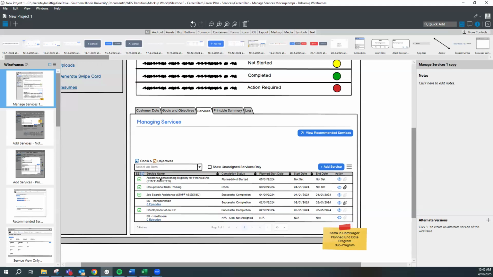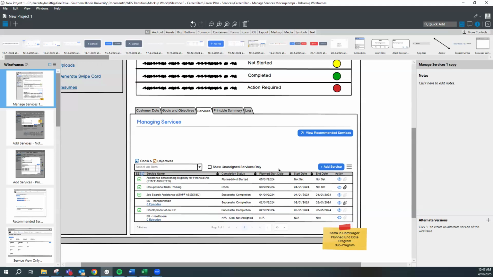And maybe, okay, for establishing eligibility for financial aid, we're going to do that, but maybe they don't need that until the fall semester because they're not going to start. Maybe they're doing a CDL program through a local community college and they need financial aid for it, but they're not going to do it yet because the FAFSA is not open. So you could go ahead and plan that and put in your plan not started and the rough plan start date that you think that service is going to start.